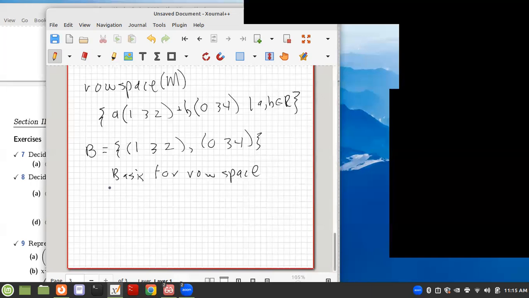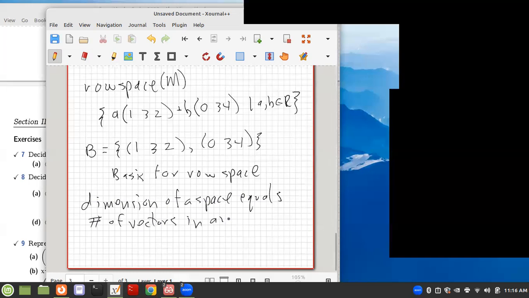And therefore, by definition, we say the dimension of a space is the number of vectors in any basis.